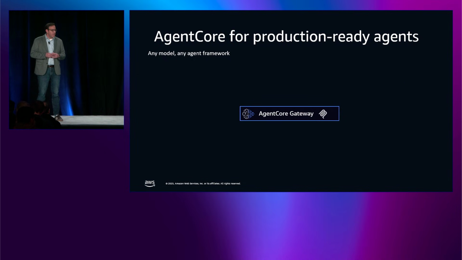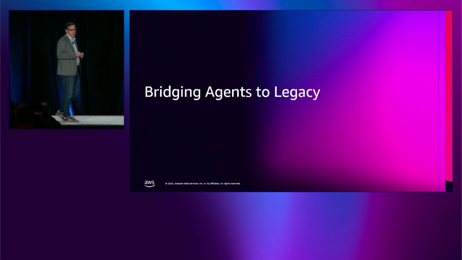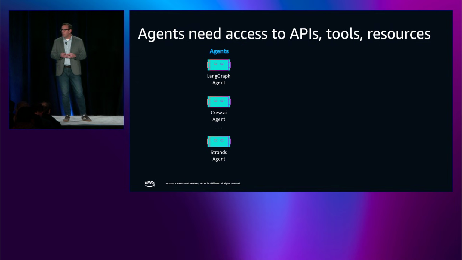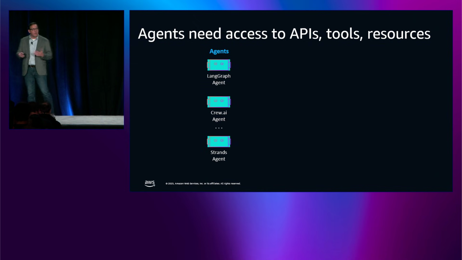Let's now dive deep into AgentCore Gateway, which is the tool that will bridge agents to your legacy applications. So when we are working with customers that are starting to deploy agents, it first sees a lot of value just in working with the general knowledge of the LLM and doing things like text summarization or categorization, and there is value there.